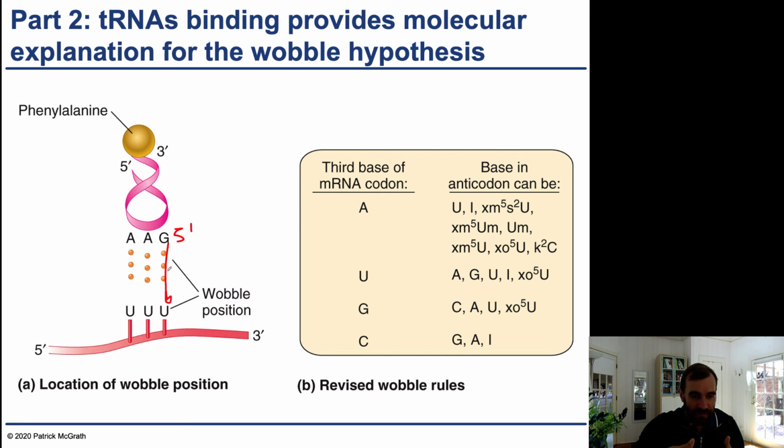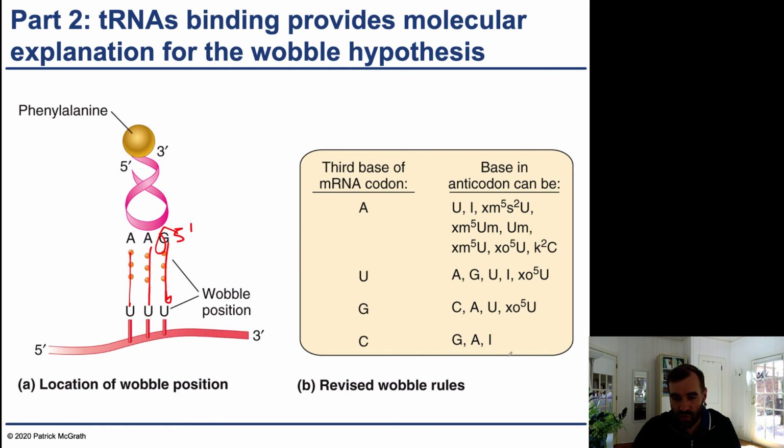And so you have this nice bond that's formed in between these sets of nucleotides, but this third one is kind of loose. And so this allows some sort of flexibility. And so there's also modifications that often occur of this anticodon base, and that also makes it easier for this tRNA to recognize multiple codons within the mRNA.